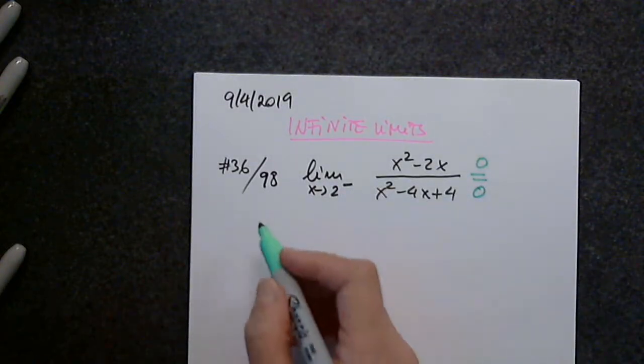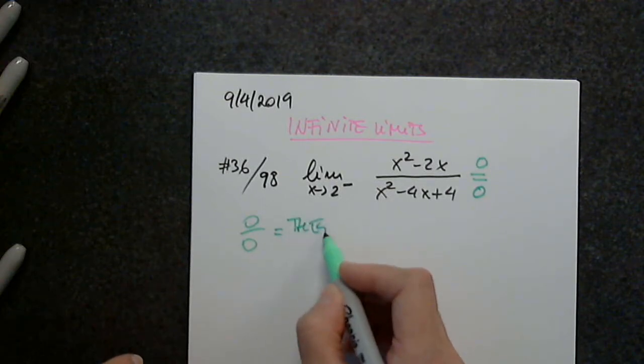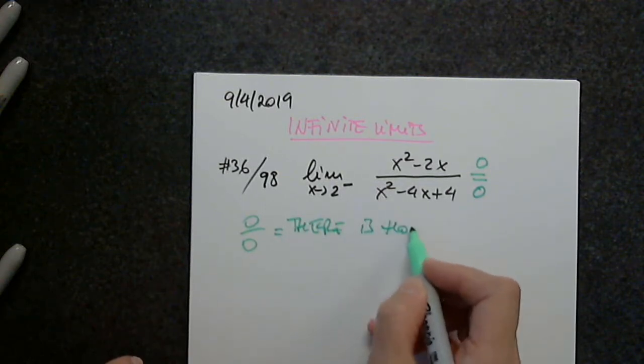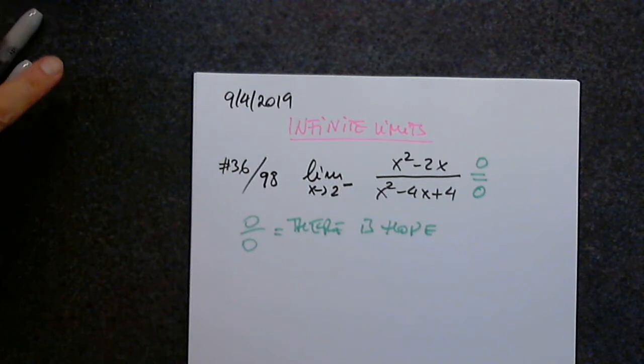So because we got 0 over 0, we say there is hope. Notice that I did not say there is any guarantee. I only said it could exist. I have no idea whether it does or not, but if it's 0 over 0 from the very beginning, it could exist. It has potential. If it is going to exist at the end, we'll have to investigate further.